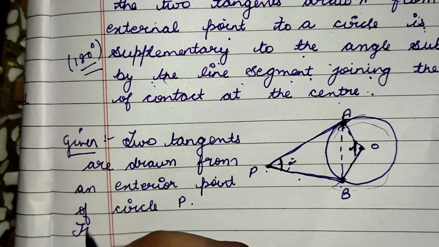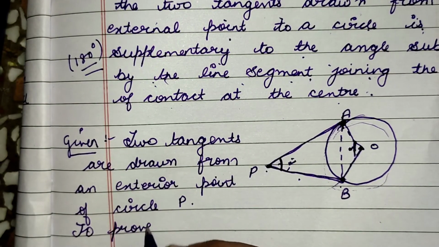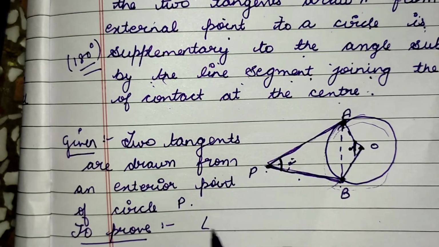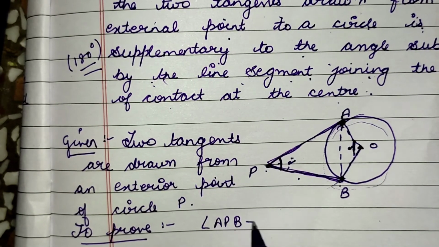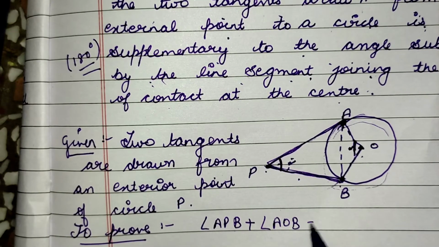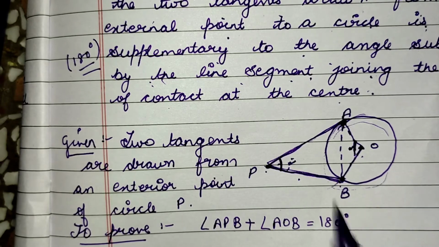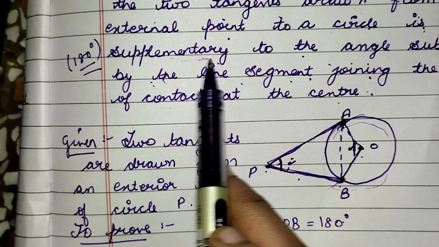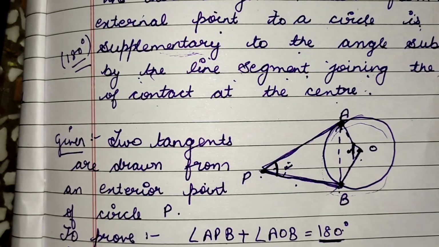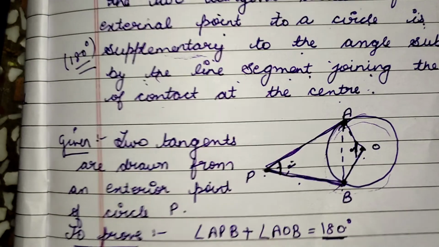Then to prove is what? We have to prove that the sum of angle APB plus angle AOB is equal to 180 degree, because it is given to us that we have to prove that they are supplementary to each other, and supplementary means they have a sum of 180 degree.